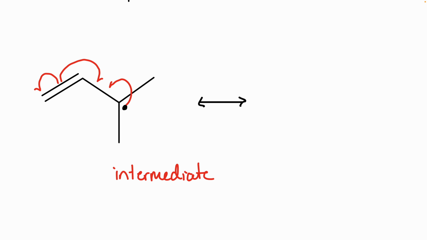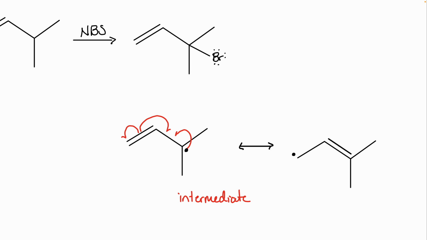Okay, so my other resonance contributor, I have my radical and my double bond that have switched positions here. And whereas one of these allylic radicals would lead to the product that we drew, after this resonance occurs here, I would get a different product, which is when I brominate not that third carbon, but that very first carbon.